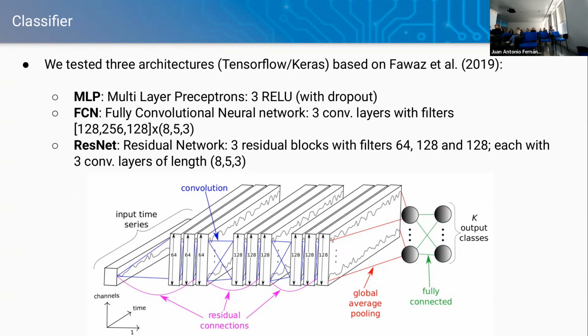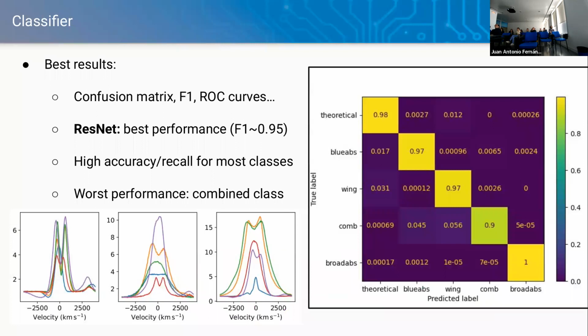I will not get into the details now, but if you are interested, just let me know. And out of the 3, we concluded that the best results were coming from the residual network classifier. It was quite close to the fully convolutional neural network, but it was just slightly better, so we decided to keep that one. And this is the confusion matrix that it is producing.